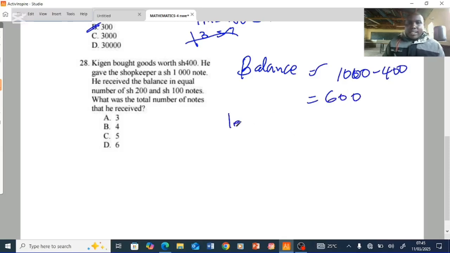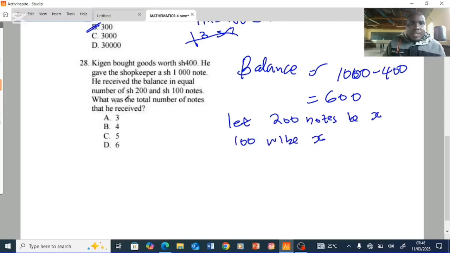Now let the 200 notes be X. So the 100 notes will also be X. Why? Because they were an equal number. So we will have 200X plus 100X.